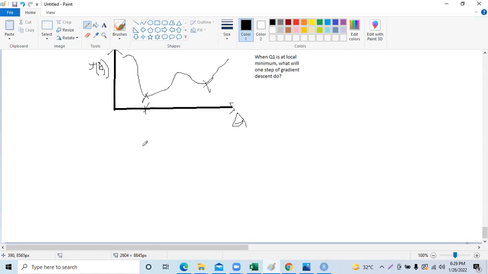Our current value of theta 1 is going to be an assignment of theta 1 minus learning rate alpha times the derivative of our cost function with respect to theta 1.